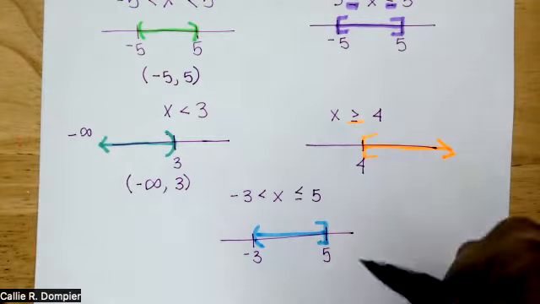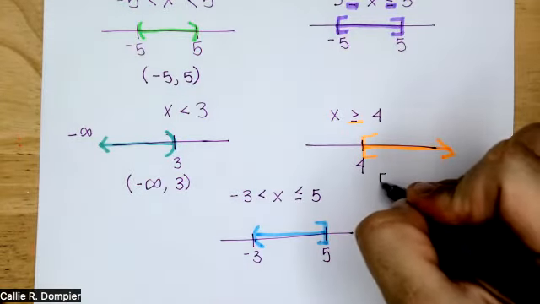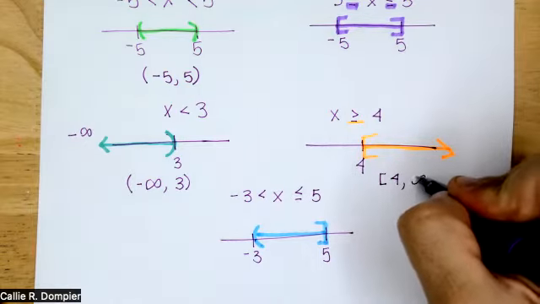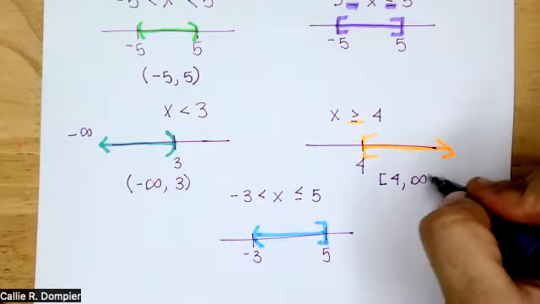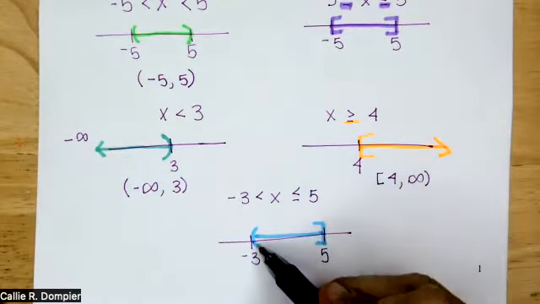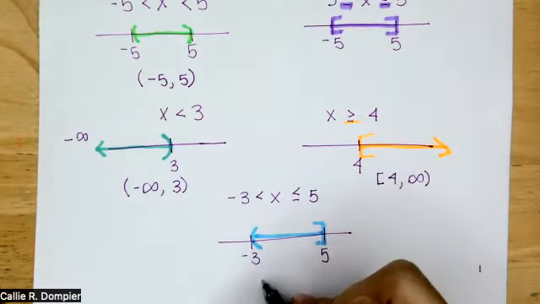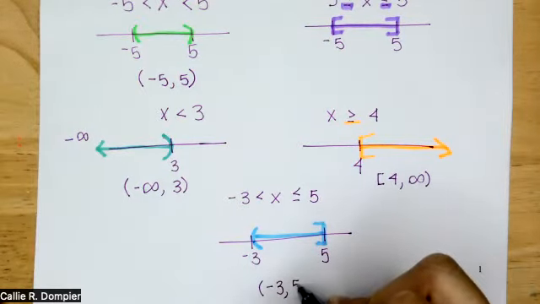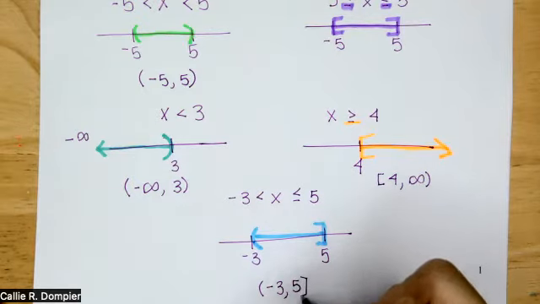Oh, sorry, I stopped doing interval notation. Bracket up here would be bracket 4 goes on forever, never ends, so infinity. Here we're starting with negative 3, but there's no equal sign, so we're just going to say parentheses negative 3 ends at 5, but includes 5 because of that equal sign.